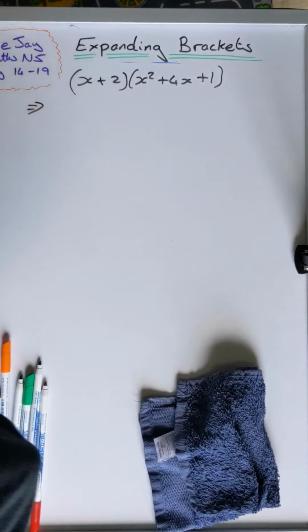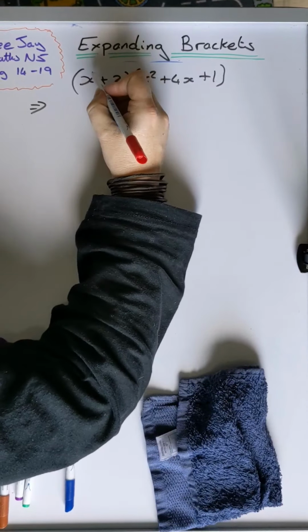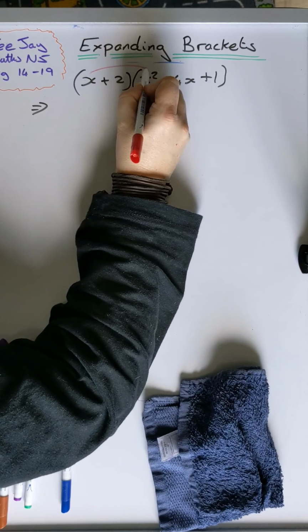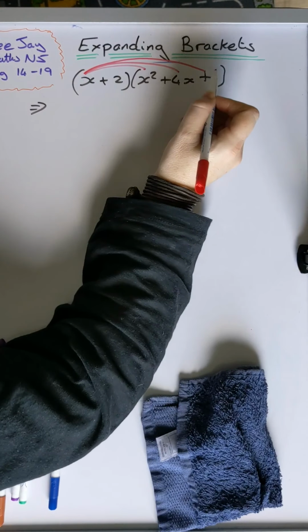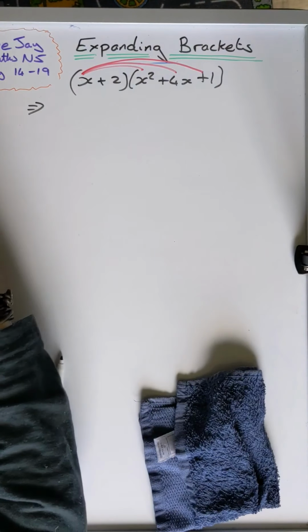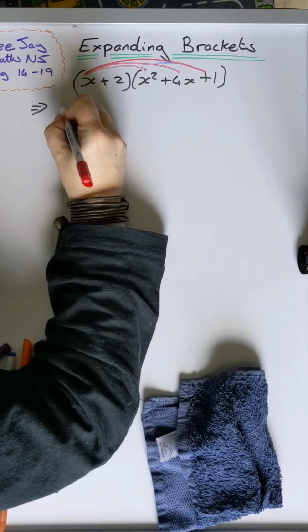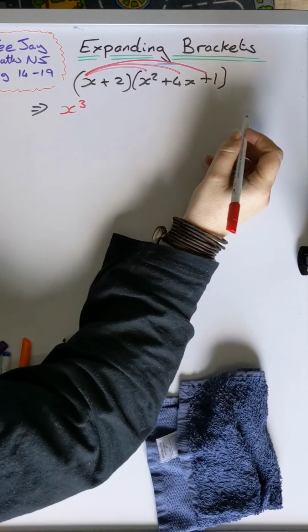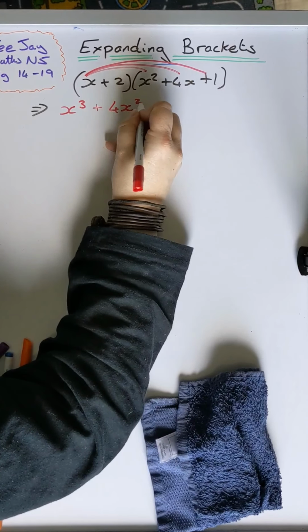what we get when we do the rainbow method is you rainbow it out. So first times first, and then times the next, and then times the next. So we would have, I'll write it in red actually, x times x squared gives us x cubed. X times 4x, so we get 4x squared.